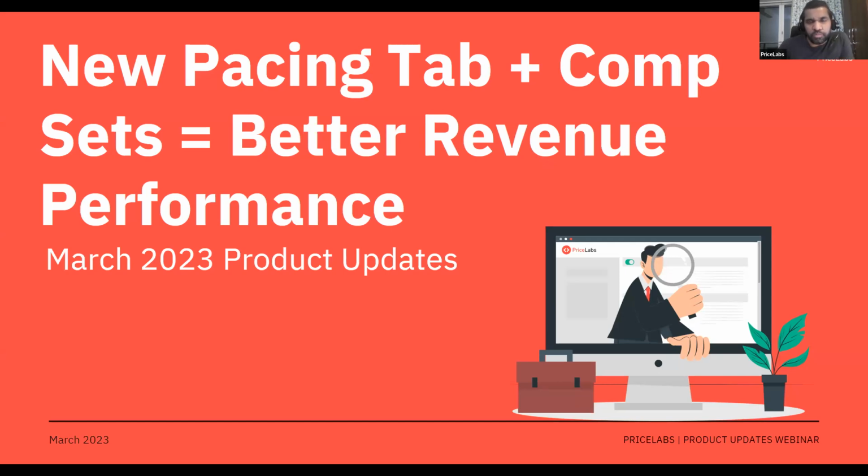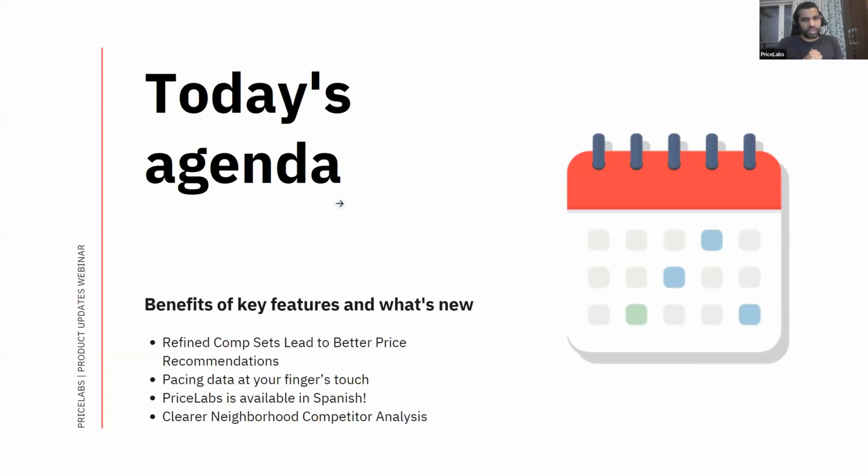All right. So as you can see, what we're going to talk about is a bunch of things that lead to better revenue performance at PriceLabs and things that we worked on in March 2023, particularly. A couple of very simple things that we'd cover today.